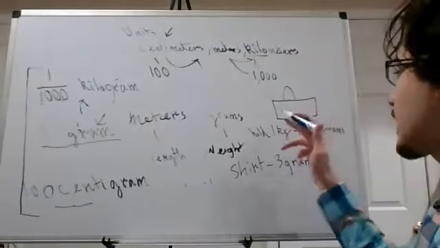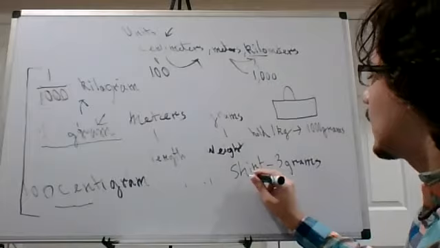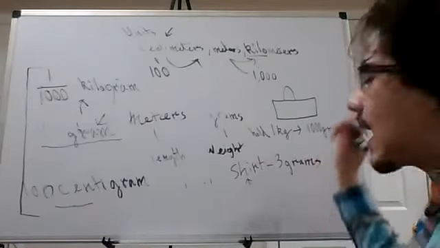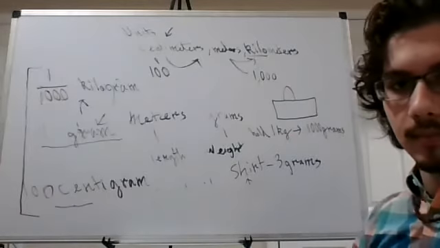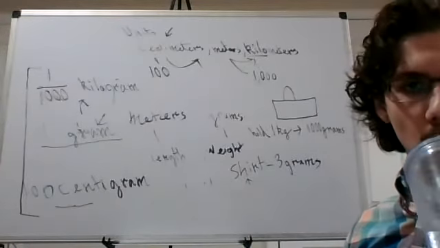If our suitcase can hold 1 kilogram and we want to pack as many shirts as we can, and each shirt is 3 grams, how would we solve this problem? Mr. Deo-chan, could you start us off? Could it go 3 into 1,000, sir?